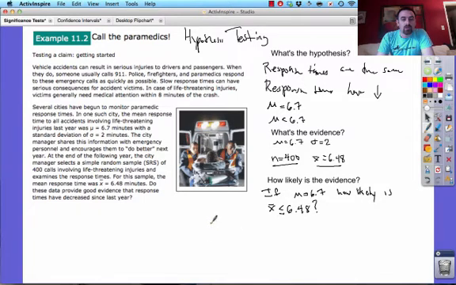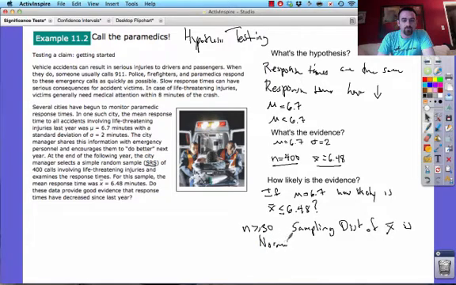Now, we know here that we have a simple random sample, which means we have independence, and we also know that n is bigger than or equal to 30, so the sampling distribution of x bar is normal with a mean of 6.7, the same as the original mean, and a standard deviation of 2, which is sigma, divided by the square root of 400.